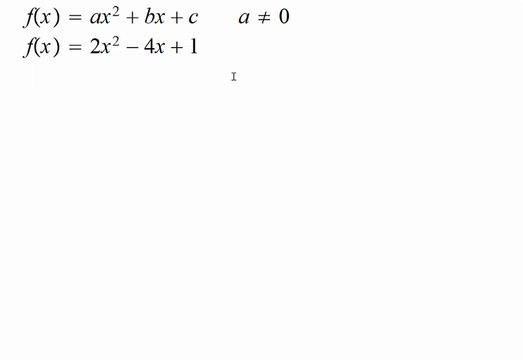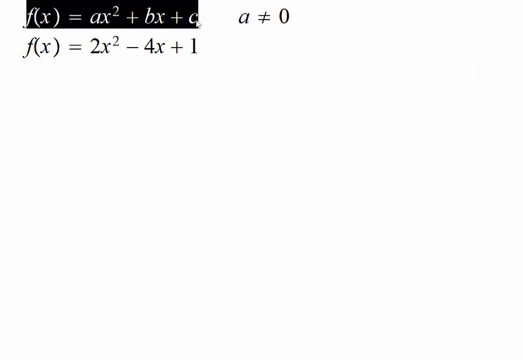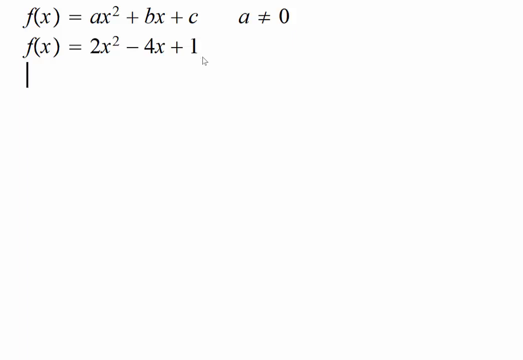All right. So for the coordinates of this lowest point here, which is also called the vertex, you saw in the notes that if we use the technique of completing the square, then for this function the vertex occurs at the point whose x coordinate is given by negative b over 2a.